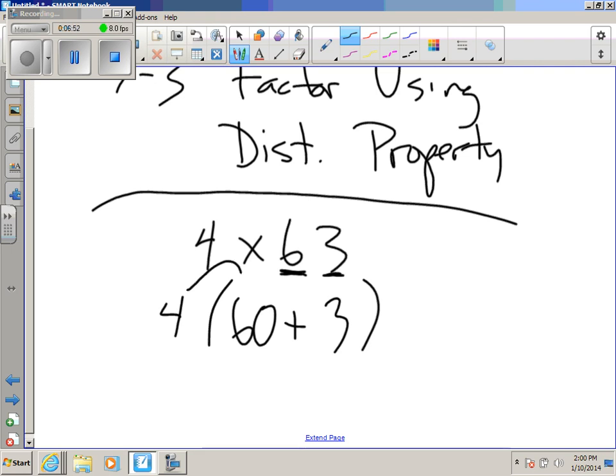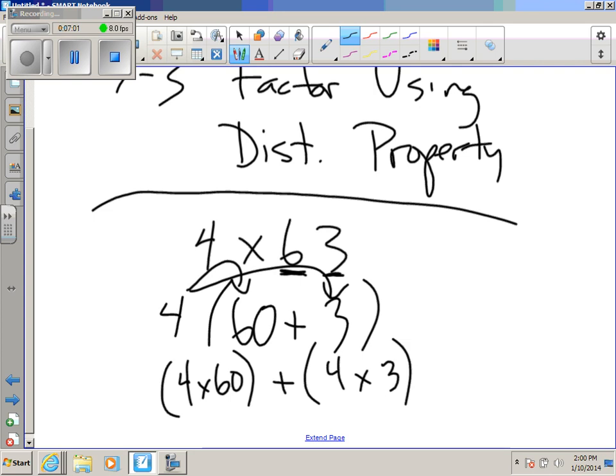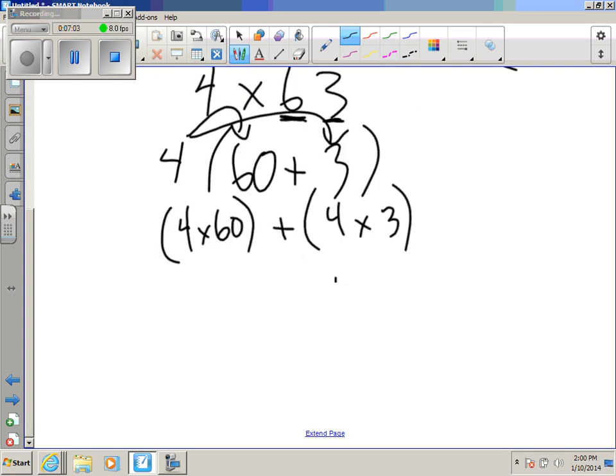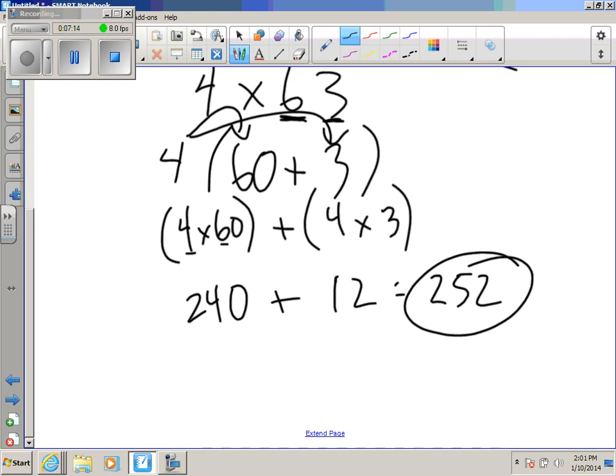So that's when I take a look and say, okay, 4 times 60 plus 4 times 3. 4 times 6, 24, with a 0 is 240, and 12 equals 252. Kind of remember all that a little bit, right? Okay, we've done that before. We've probably been doing that for a couple of years. We used to spend entire lessons on it. Now we can just use it as a tool.